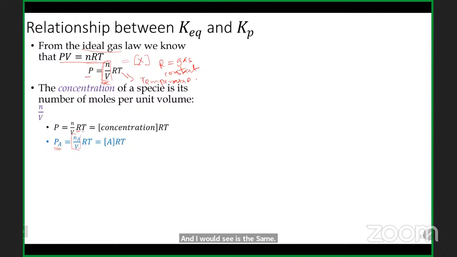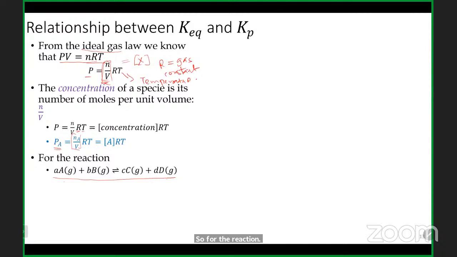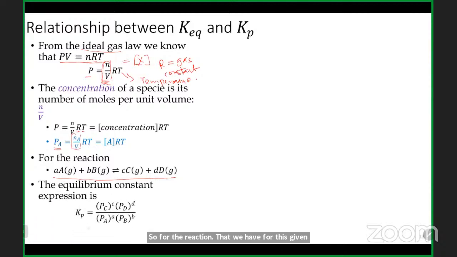For the given reaction, our partial pressure equilibrium constant is given by that equation: product partial pressures over reactant partial pressures, each raised to the number of moles in the balanced stoichiometry.